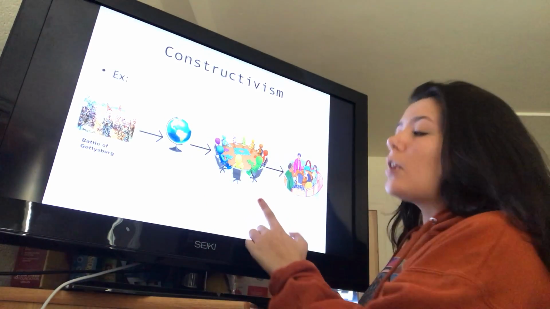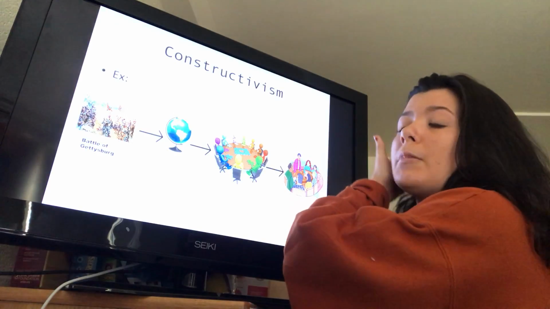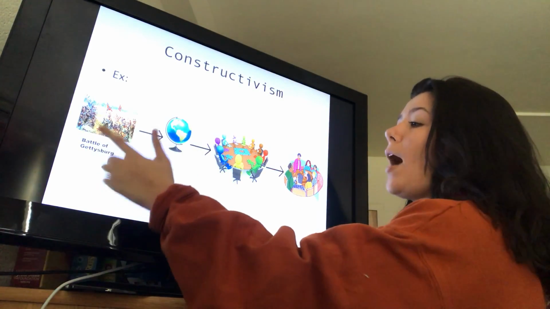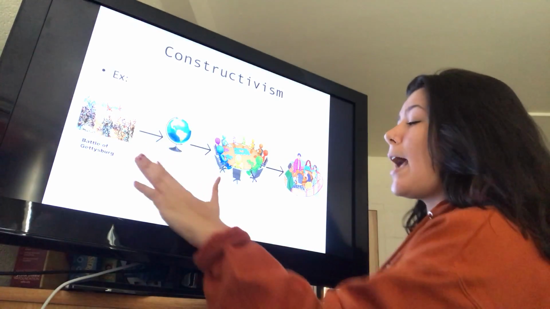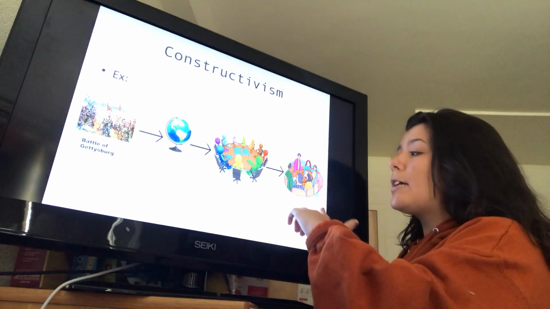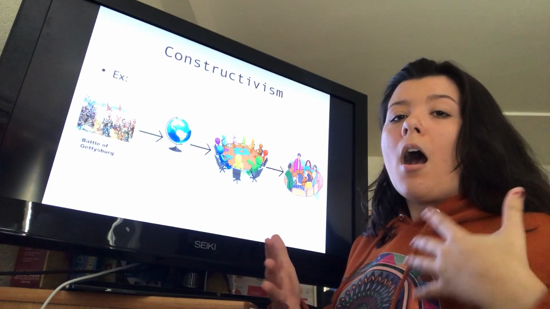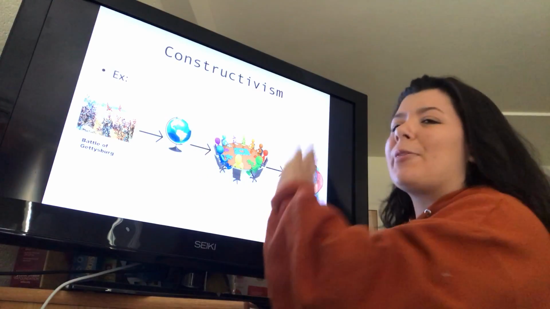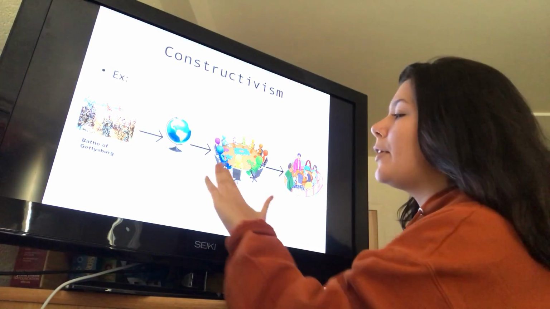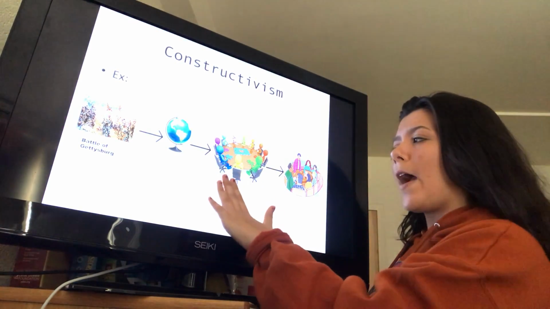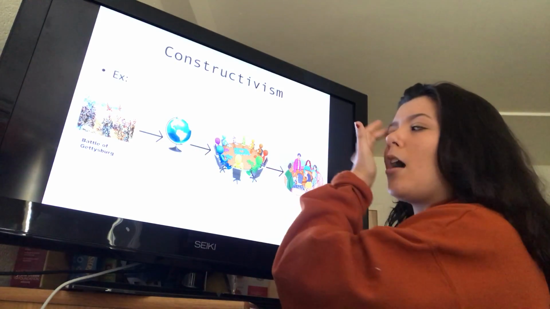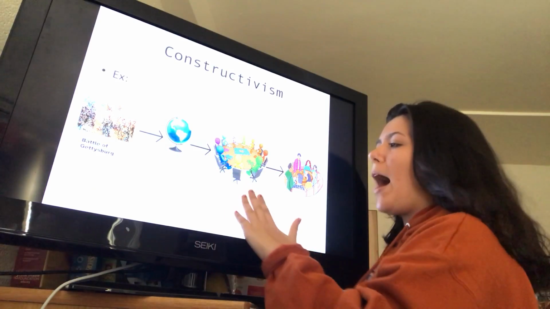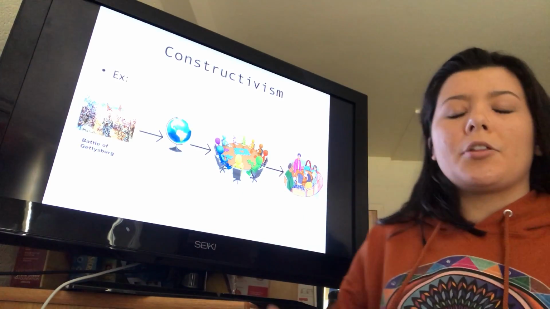They all have different experiences, they all have different prior knowledge, and so they can build and construct their own meaning of why the Battle of Gettysburg is still relevant today, while I provide some scaffolding, which means keeping them on the right track and making sure that they're staying within the realms that I want them to stay. So building off of their own prior knowledge and prior experiences, the students learn why the Battle of Gettysburg is still relevant today by using their past experiences and their past knowledge.